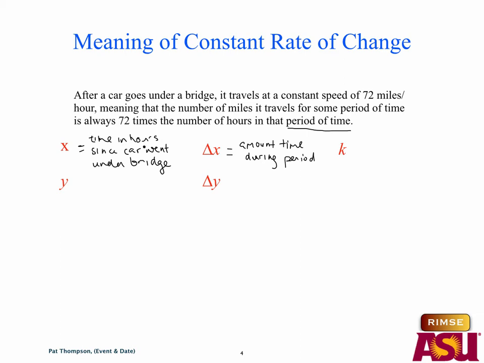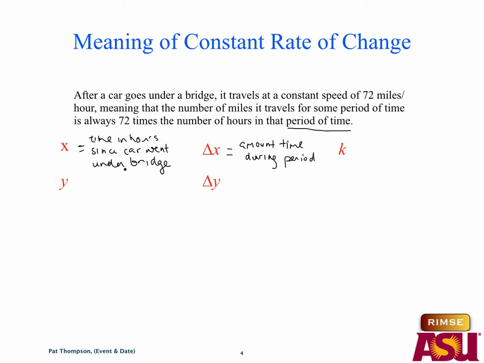Whenever we talk about a specific x value, we need some frame of reference, some specific referent to which we are referring: time since what. Whereas delta x is giving us a change in time. So from 10 seconds after the car passed under the bridge to 15 seconds, or I guess hours, after the car passed under the bridge, we could evaluate the change in time as being 5 hours.